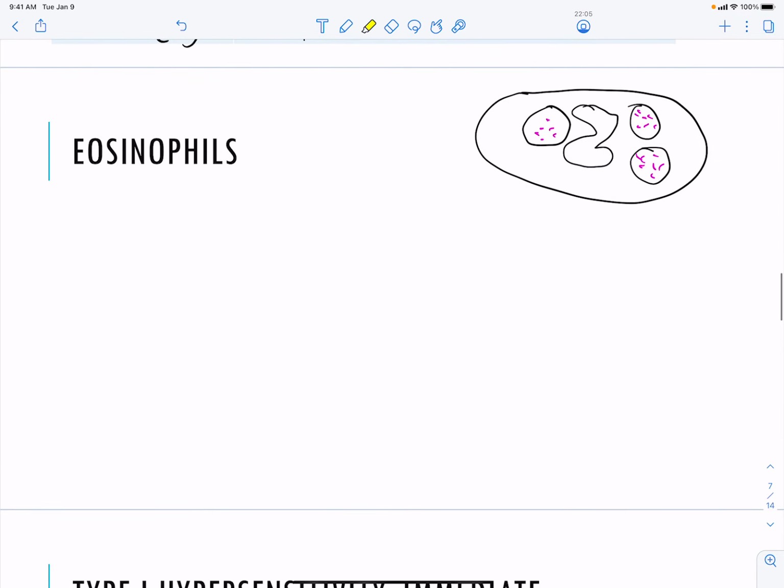So let's talk a little bit about eosinophils. Eosinophils are a granulocyte. They must be recruited. Their granules are very toxic, so you want to control them.